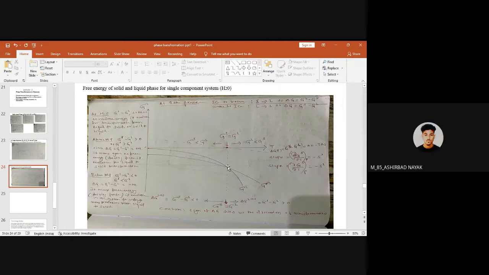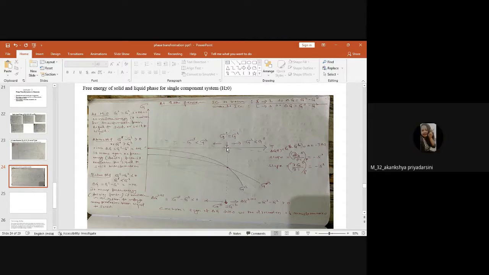They are equal, obviously. They are equal because the curves have different slopes, right? So obviously, if two curves have different slopes, they will intersect at a point, and at that point the free energy is equal. So at this point, free energy of solid is equal to free energy of liquid. And what is the corresponding temperature? Can you tell me?